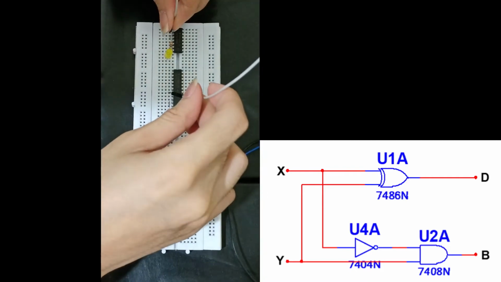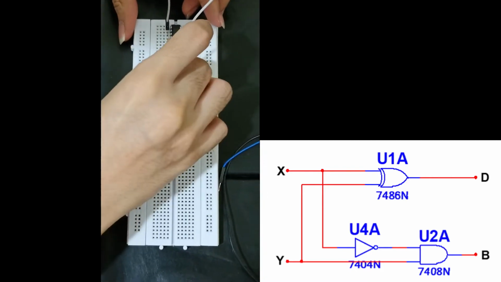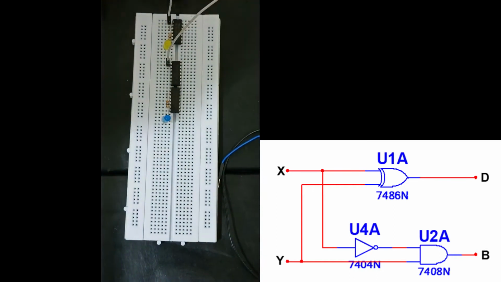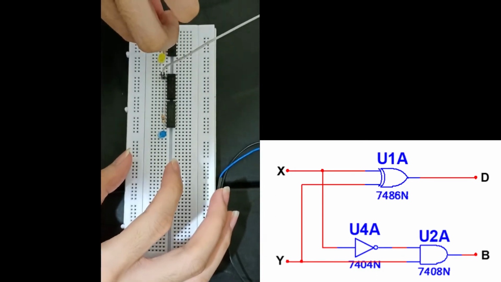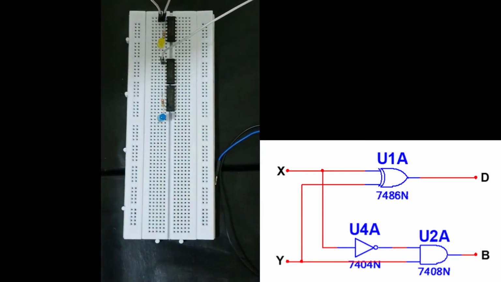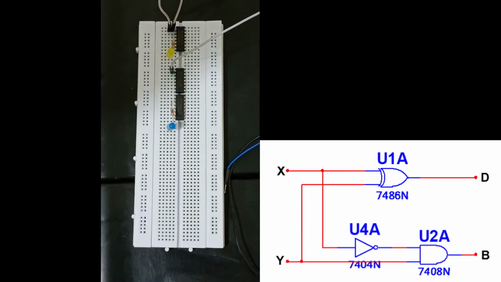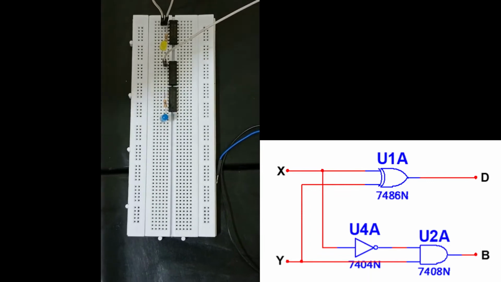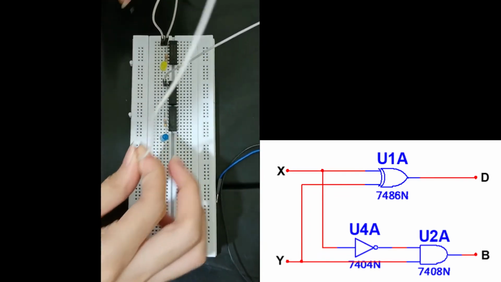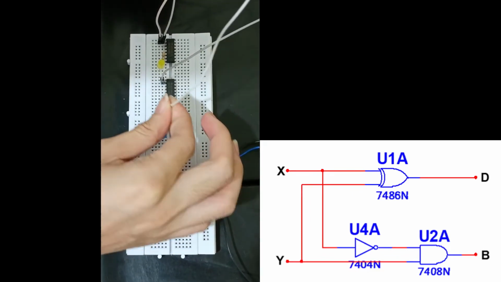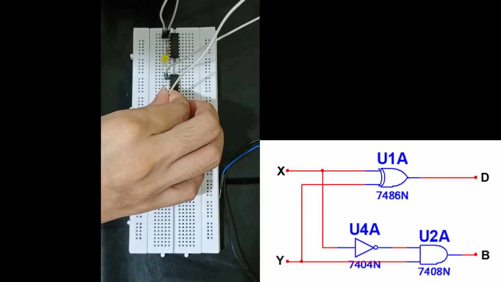The first pin of the XOR gate is connected to the first pin of NOT gate. Then, the input X is connected in the first pin of XOR gate. The second pin of the XOR gate is connected to the second pin of the AND gate.